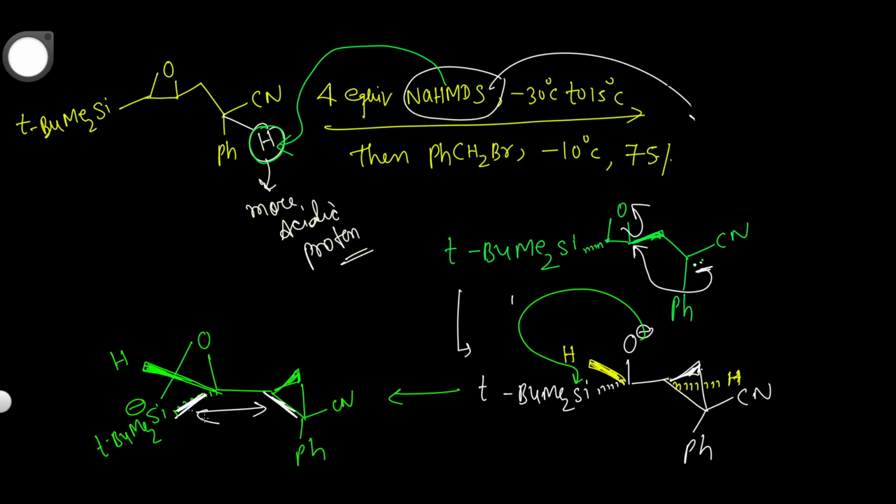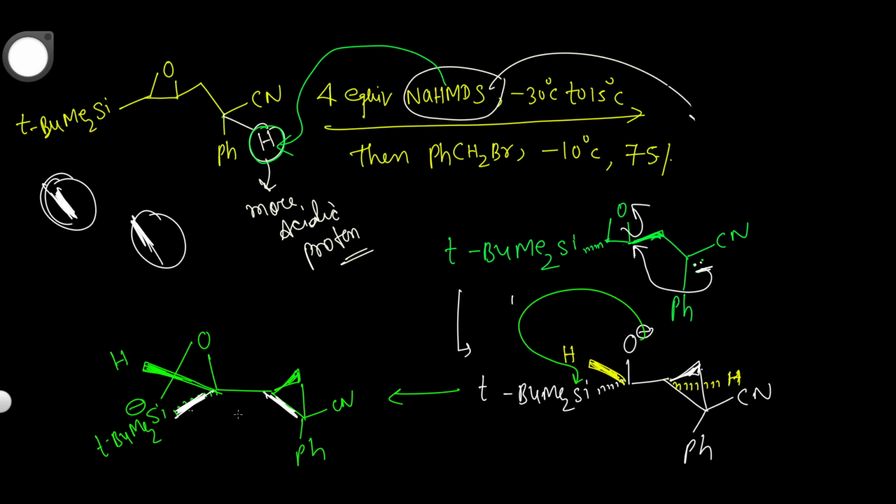Okay, so first of all, I hope you all understand what anti-periplanar is. It means something like this: this bond in this direction, and this bond in the opposite direction. But here in this case, you have this bond in the same direction, and this bond is also in the same direction.